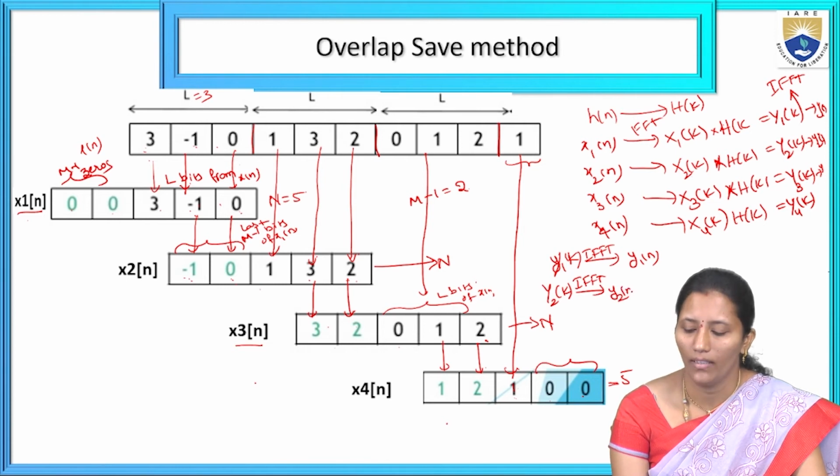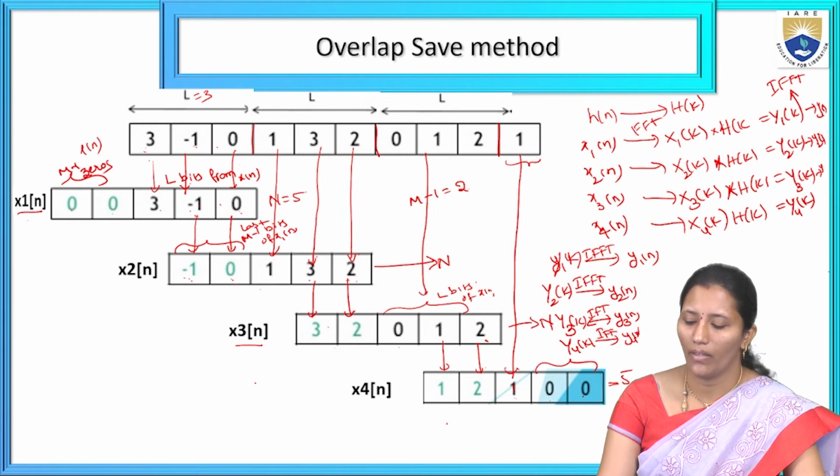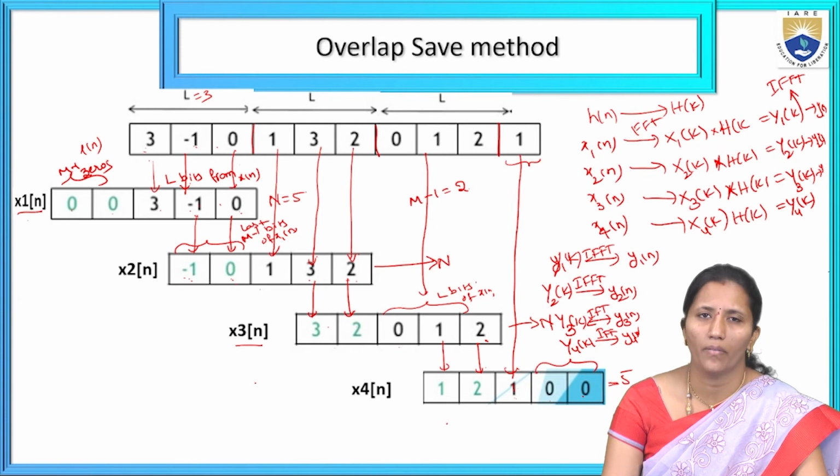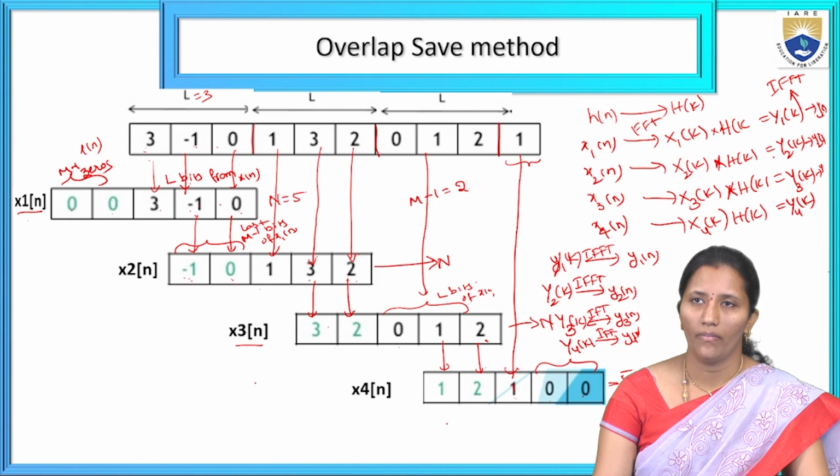For y2 of k we will get y2 of n, for y3 of k we will get y3 of n, and for y4 of k we will get y4 of n. And we have to concatenate these y1 of n, y2 of n, y3 of n, and y4 of n by discarding the first m minus 1 bits. This is the procedure using FFT.